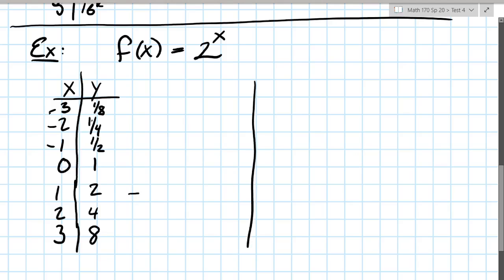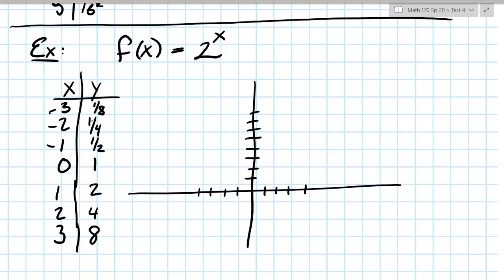So our graph looks like the following. We have an intercept at 0, 1. We've got a point at 1, 2, and then 2, 4, and then 3, 8.